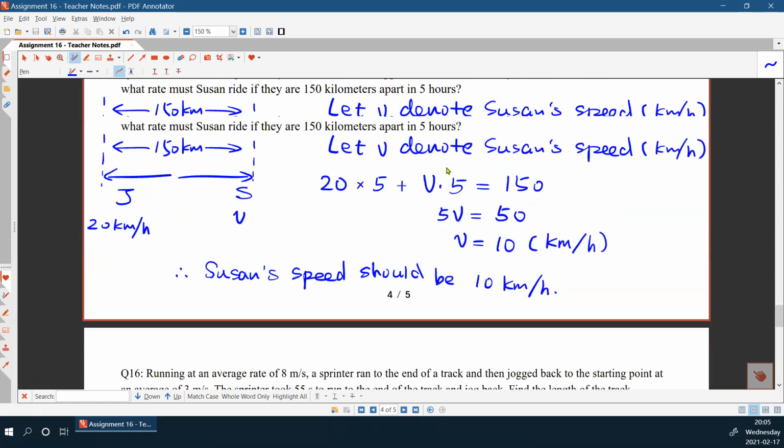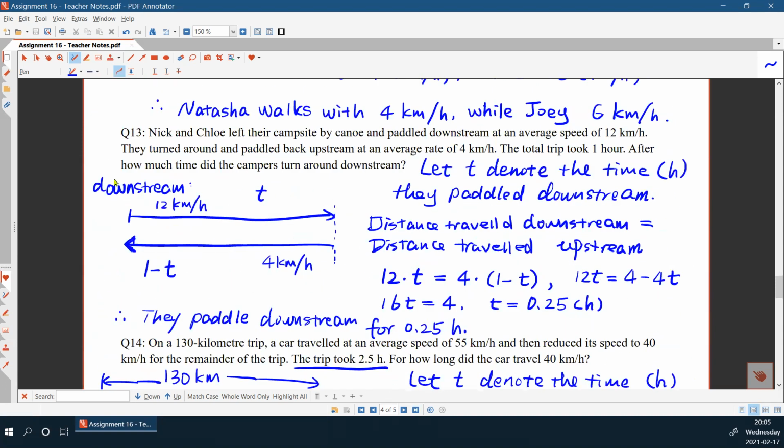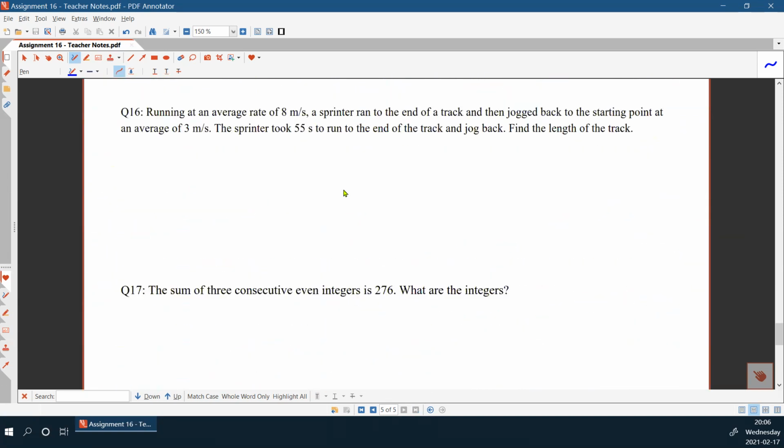This question is very similar to question 13, right? First, travel downstream with a faster speed, and then travel back at a slower speed. So this time, this sprinter runs to the end of the track and walks back to the original point, right?